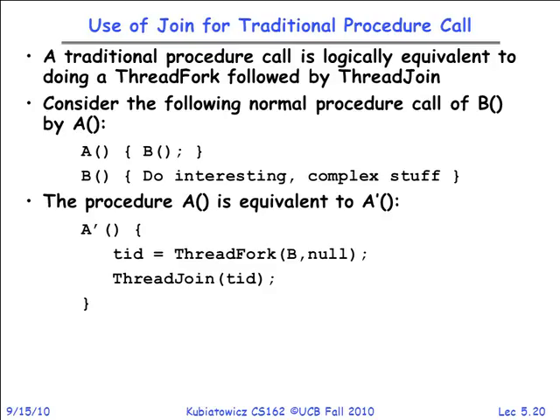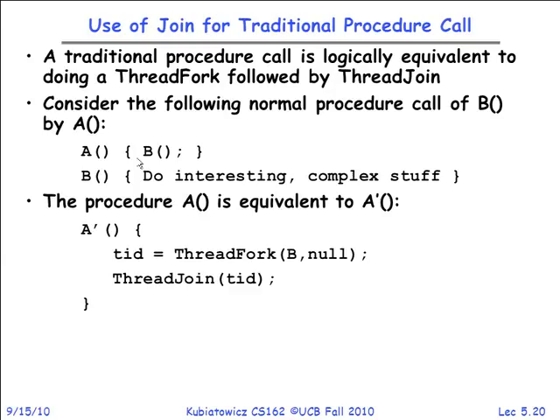Well, the parent A creates a child that runs B, but then we join, so that the parent goes to sleep until this thread is done, and we know that B is done, and then we exit the thread join, and it's just like we called B. Okay? Kind of silly, though, right? What's silly about that?